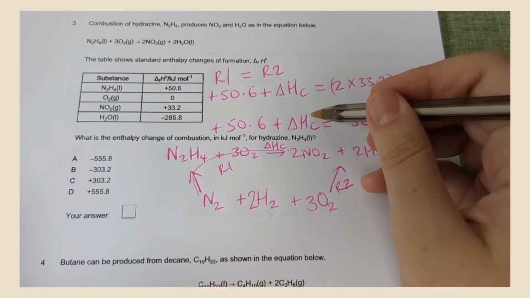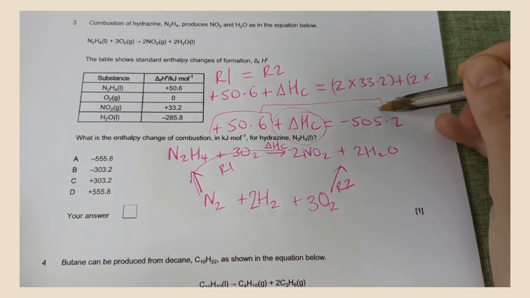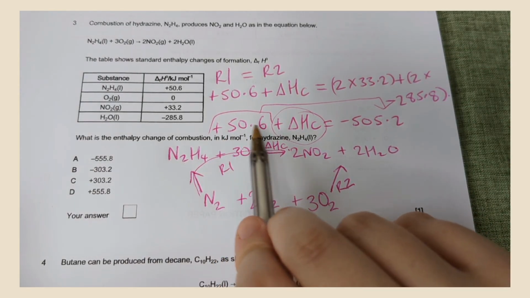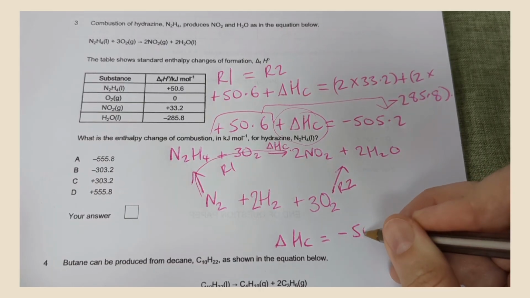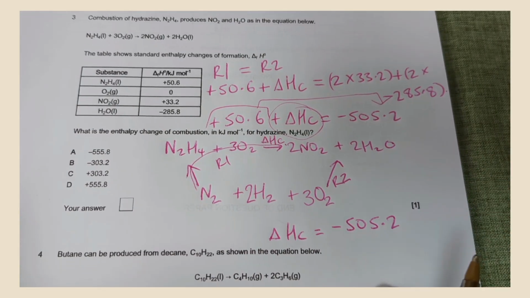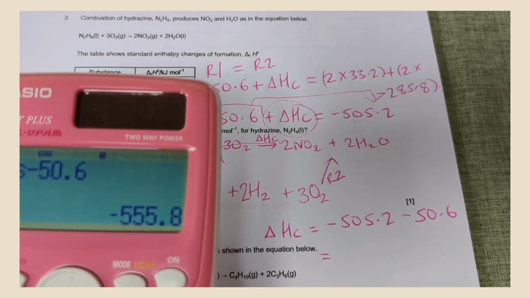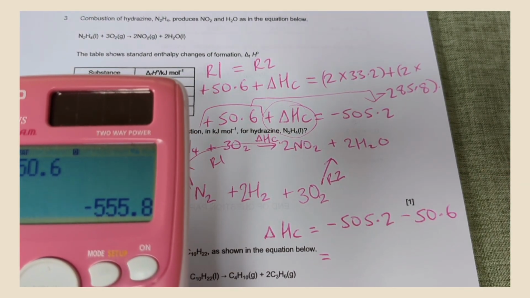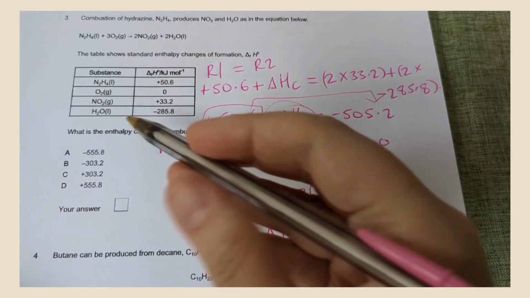I want to rearrange to make this the subject, so that means I'm going to move this over the equals and it's going to become minus 50.6, because when we change sides, we change signs. And I've got minus 555.8, which is A.